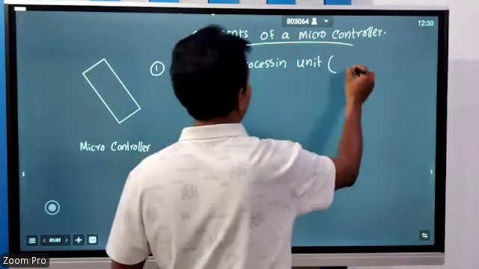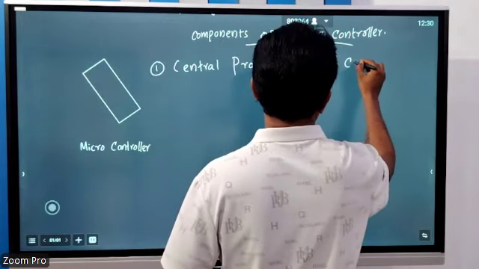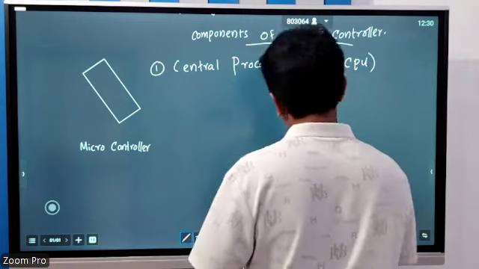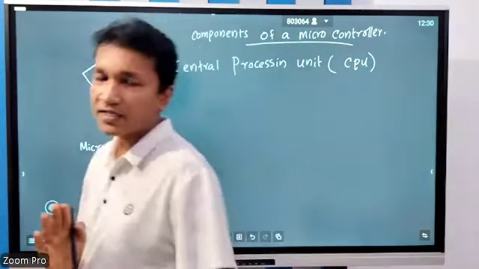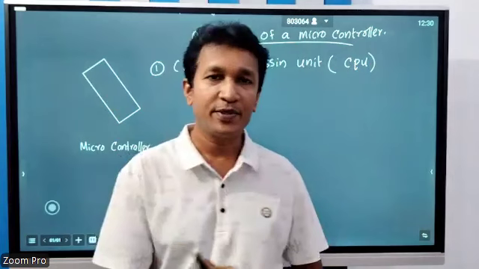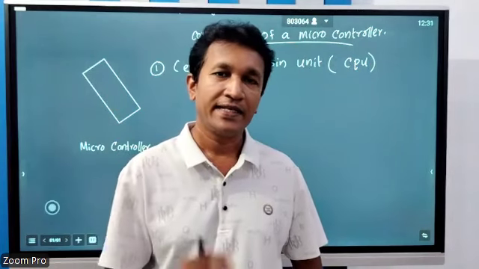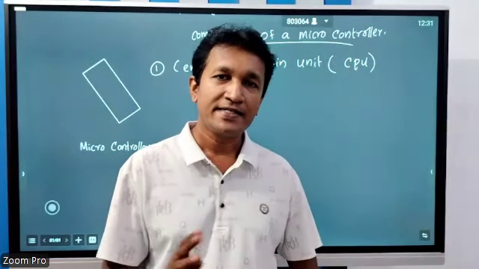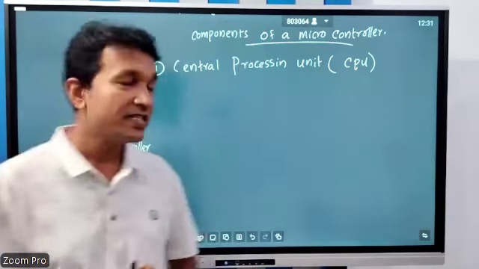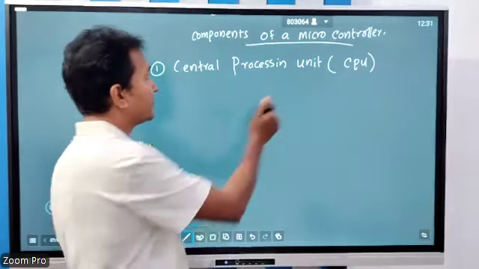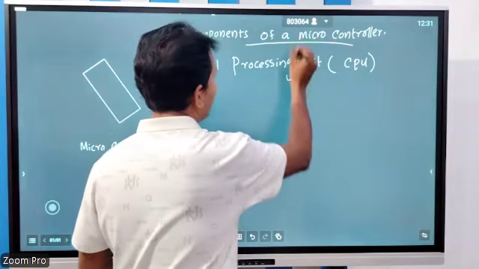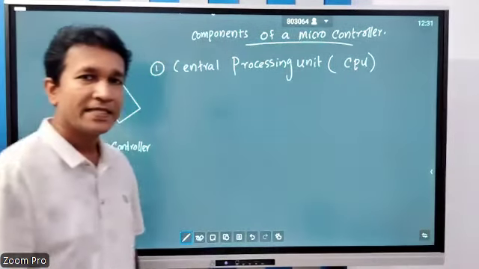That means there is a CPU. Right? So we know that in our normal computers, inside the system unit, there is a central processing unit. In these microcontrollers, right? Also there is a CPU.